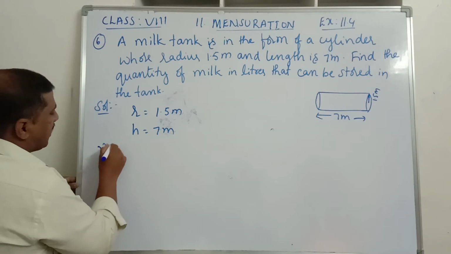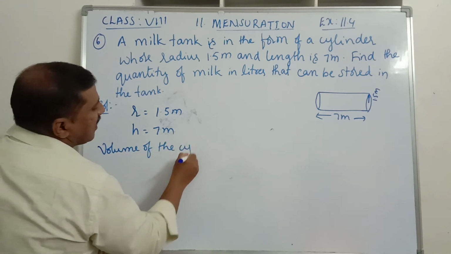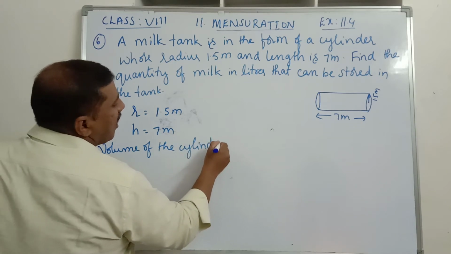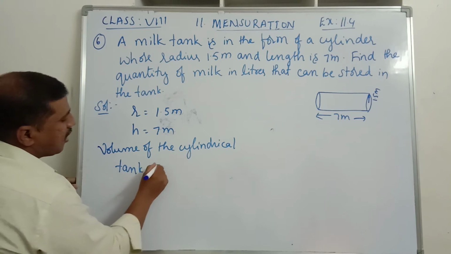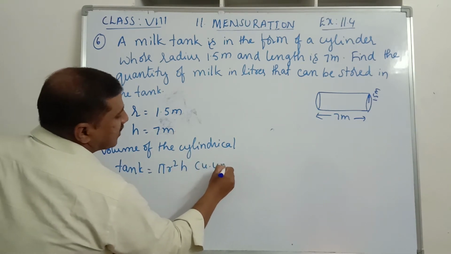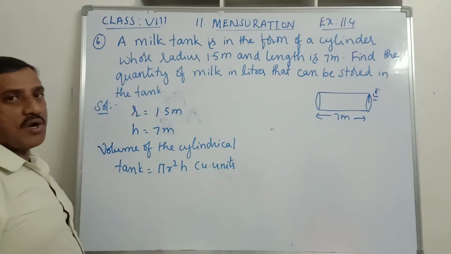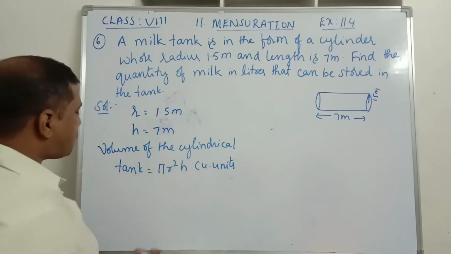Now the volume of the cylindrical tank is equal to, what is the formula? It is pi r square h cubic units, where pi is equal to 22 by 7, r is the radius and h is the height. Substitute the values.